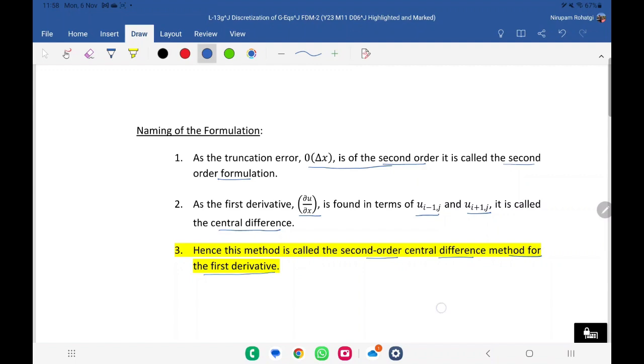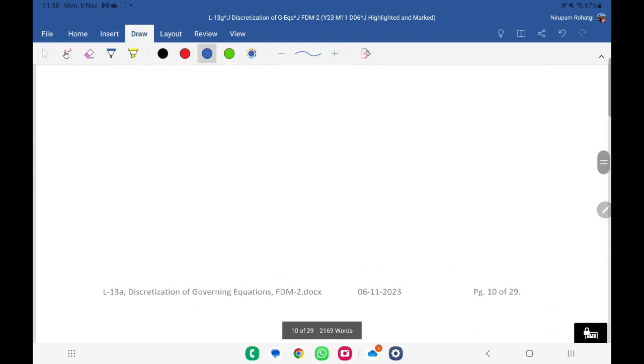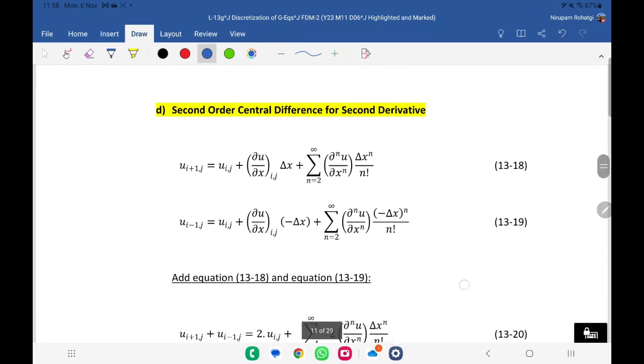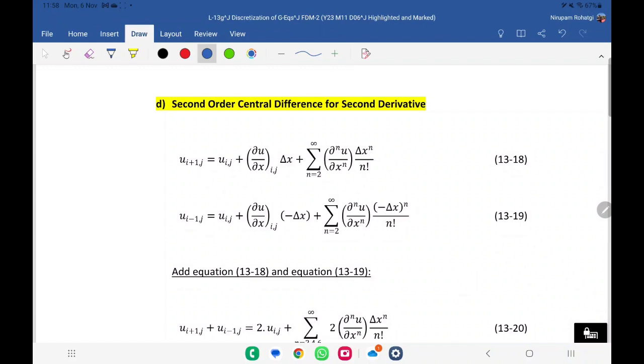Now we take up another one. Our equations contain first order derivative as well as second order derivative, and maybe third order derivative also, partial. We have talked about the first, we'll talk about the second, and we'll not talk about higher ones.